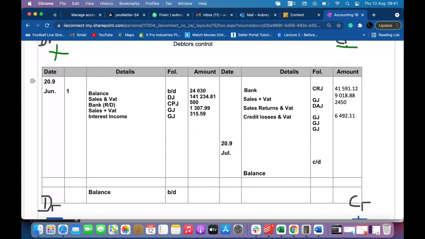Here you just write creditors control, and that would be recorded in the GJ.